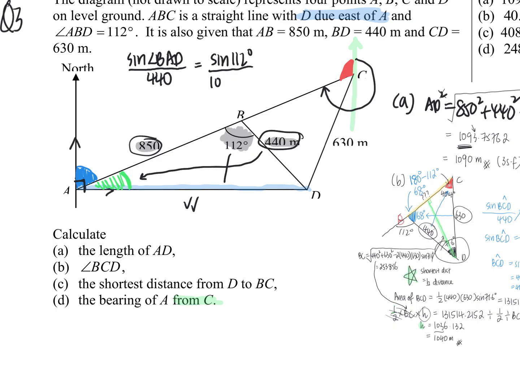Let me repeat one more time. What I'm trying to do now is to find the green angle using sine rule. Once you know this, because this is 90 degrees, you can find the blue one. But the blue and the red one add up to 180 degrees because of parallel lines. So once I know the red one, the bearing is out. So that's why we need to find this one first.